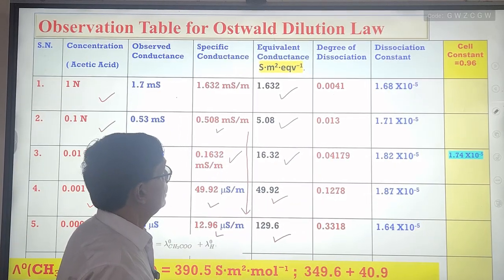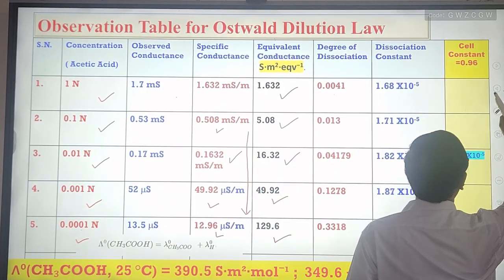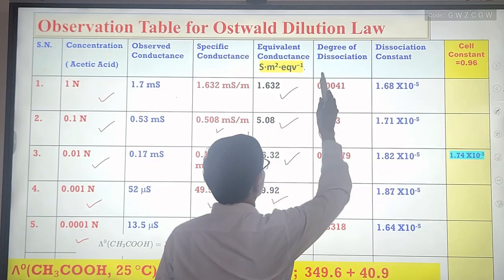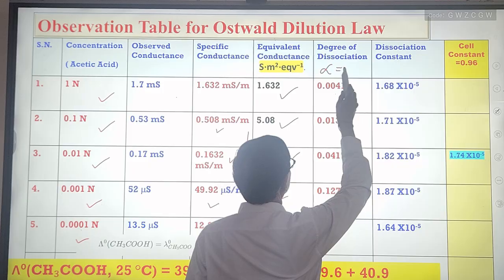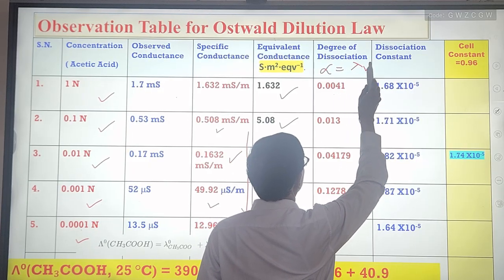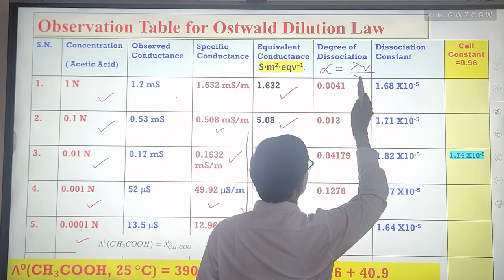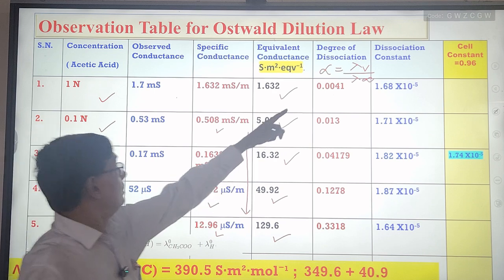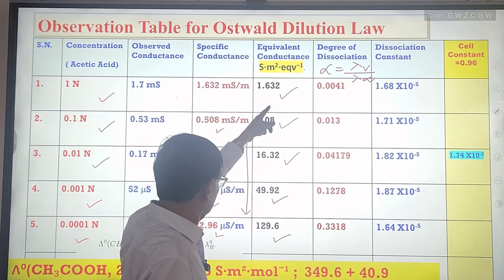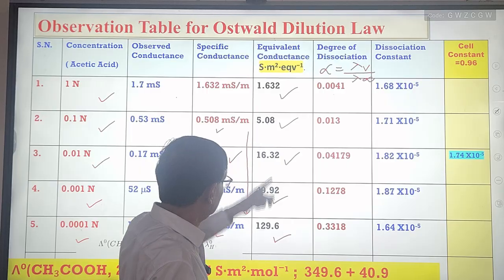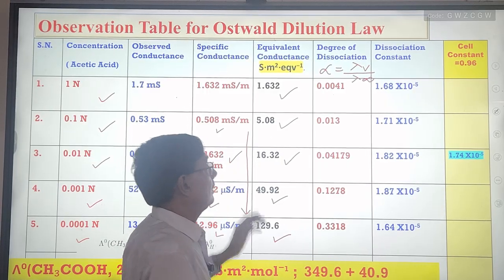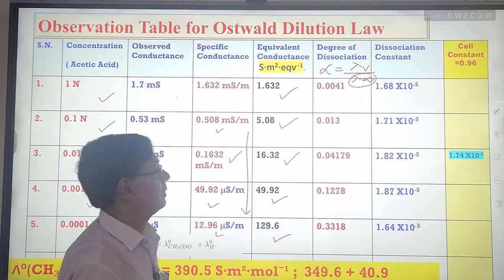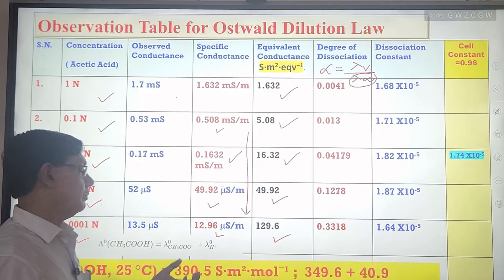Then we calculate the degree of dissociation, sometimes called alpha, which is equivalent conductance at a particular dilution divided by equivalent conductance at infinite dilution. The equivalent conductance we have calculated from the experiment, but that at infinite dilution can be calculated from the literature value.